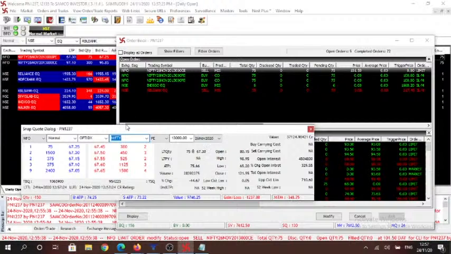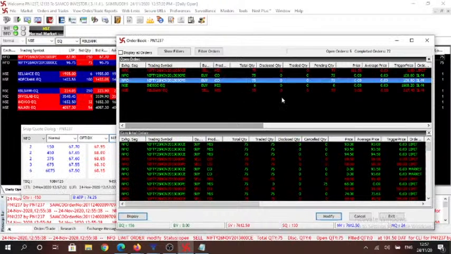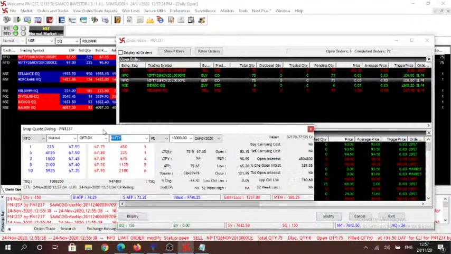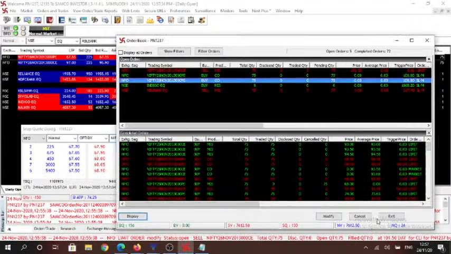Now they should break the lows. 65.2. So let's see.